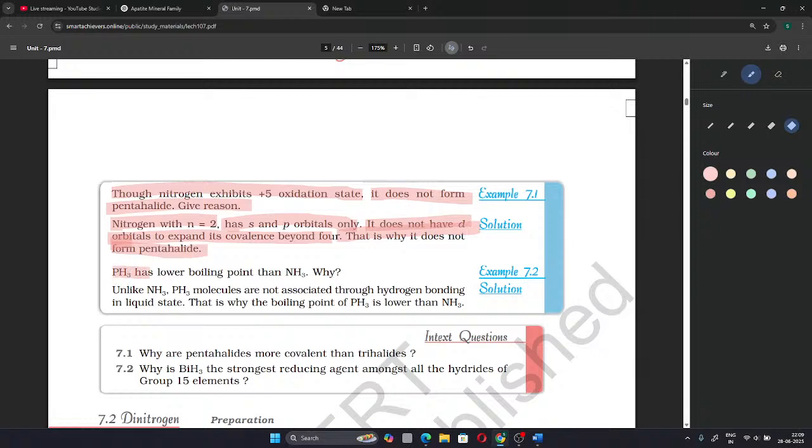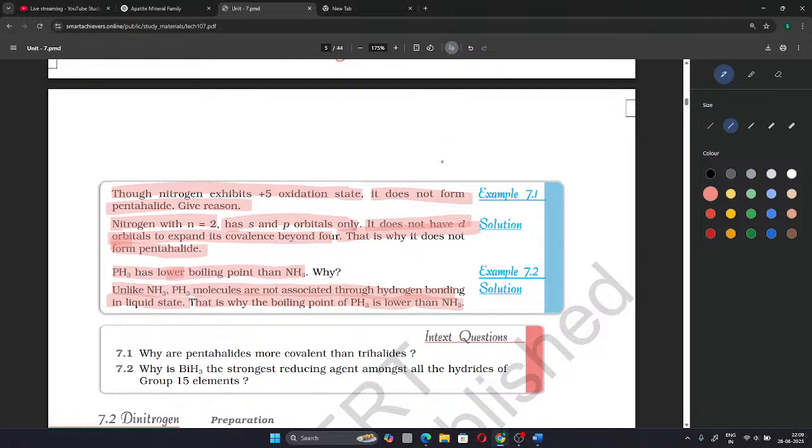PH3 has lower boiling point than NH3. Why? Unlike NH3, PH3 molecules are not associated through hydrogen bonding in liquid state. This is why the boiling point of PH3 is much lower than NH3.